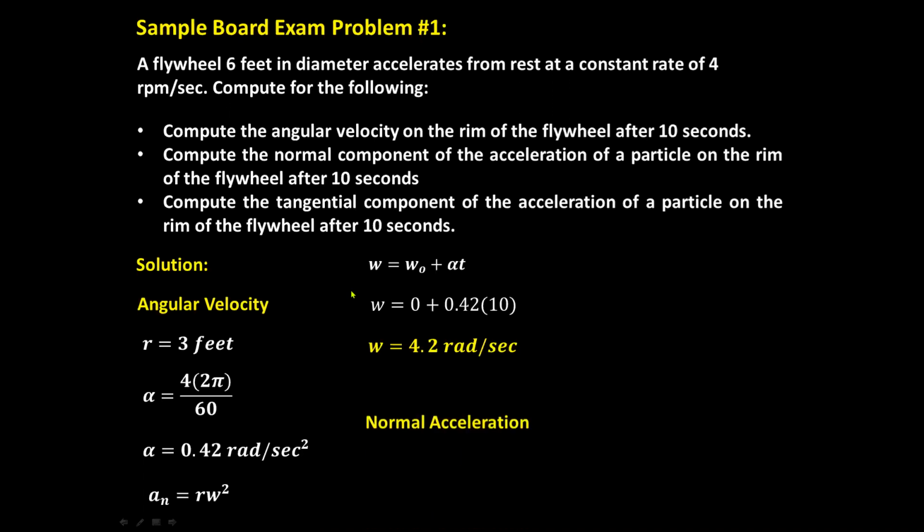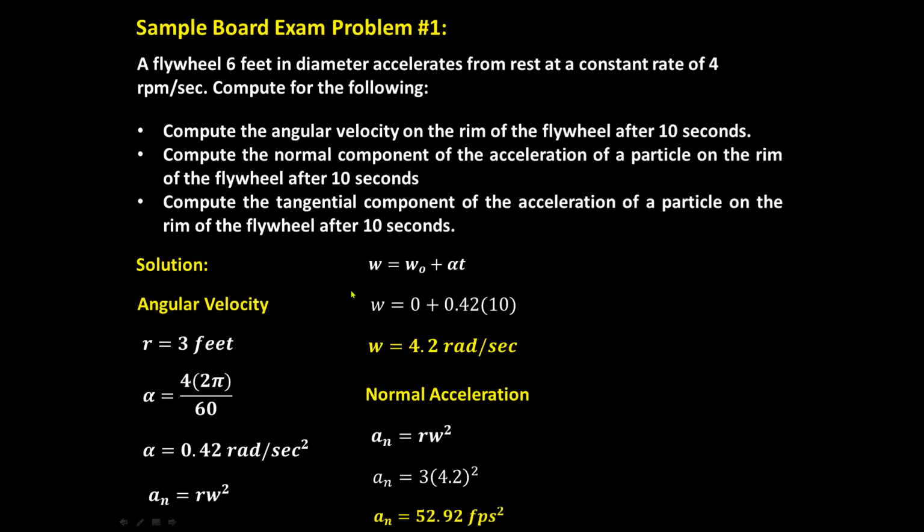So let's proceed. So we have now the normal acceleration. So ibinigay ko yung formula ng normal acceleration kanina. Ayan siya. Meron na tayong given radius. And nahanap natin yung angular velocity. So direct substitution lang sa ating normal acceleration. Ang dali lang pala nito eh.